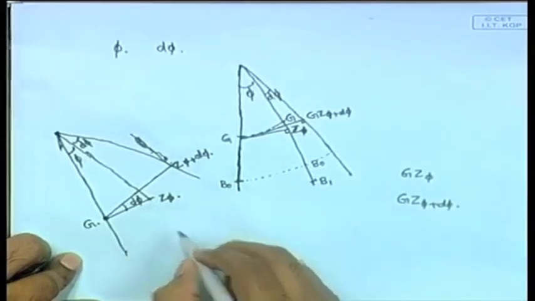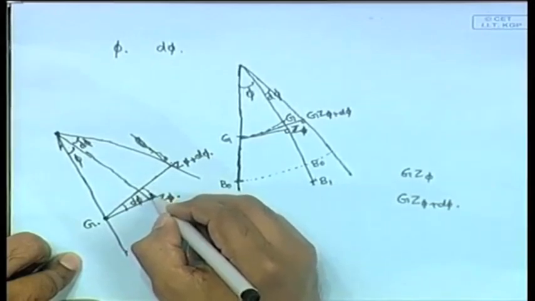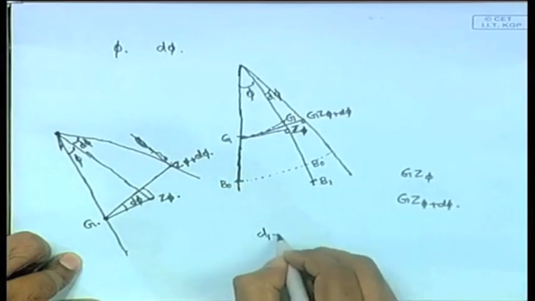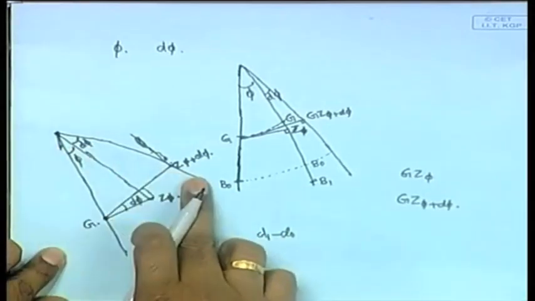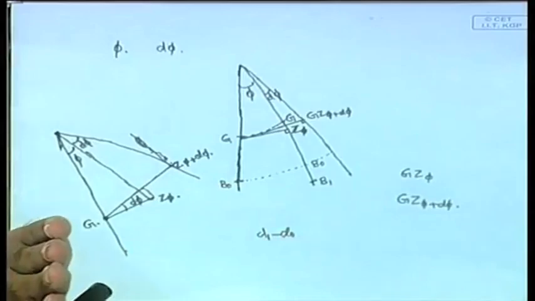Now, if that is true, what is the vertical distance between this point and this point, which is your d1 minus d0? Note one more thing, this represents a vertical line. When a ship is there and heeled, what do we do?